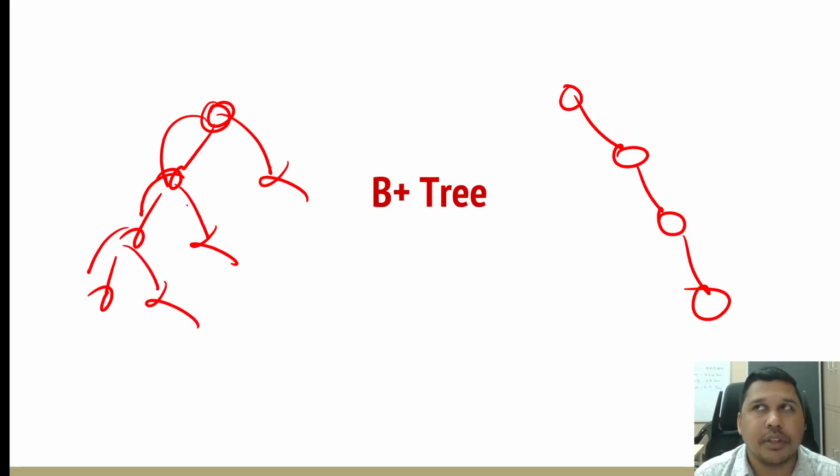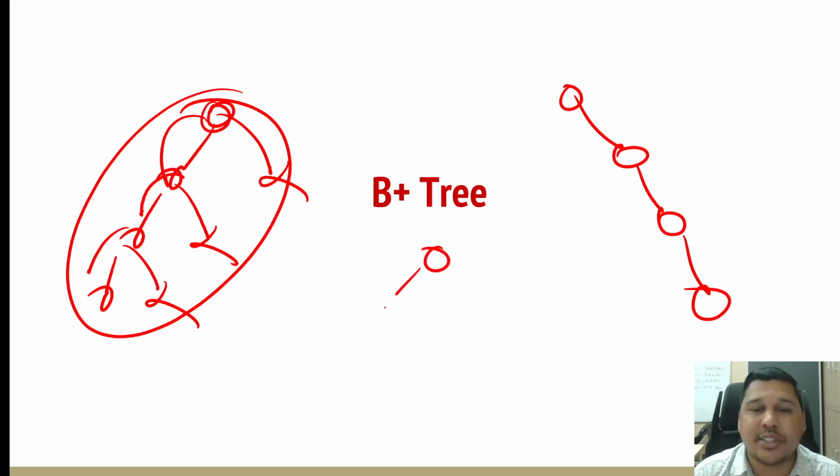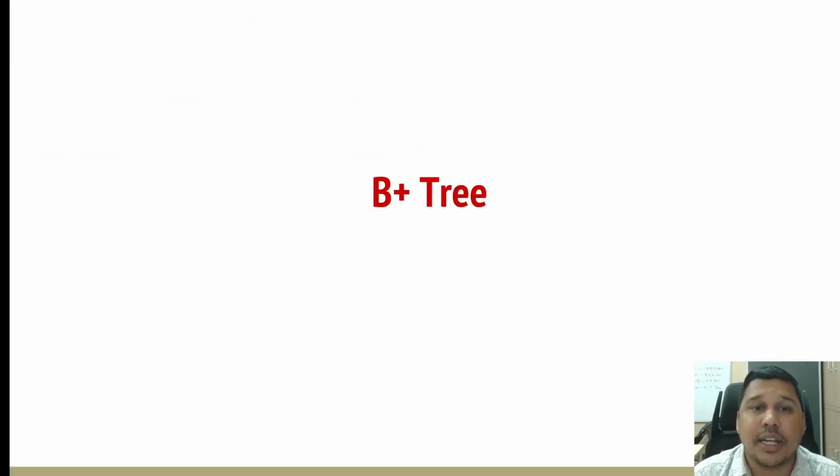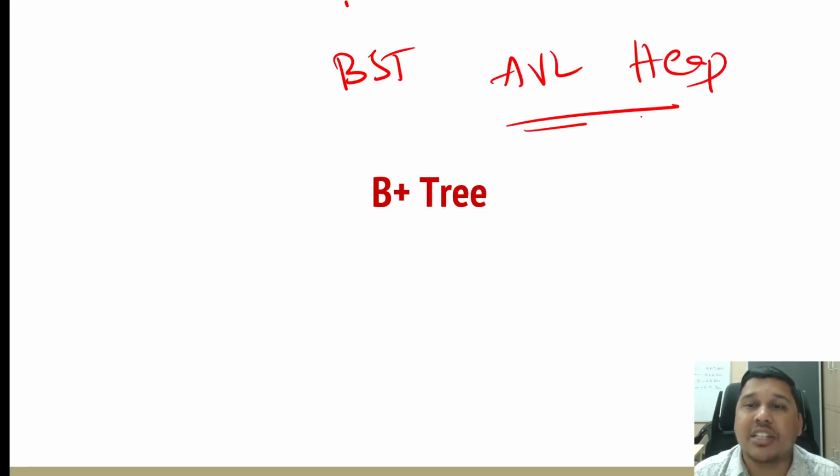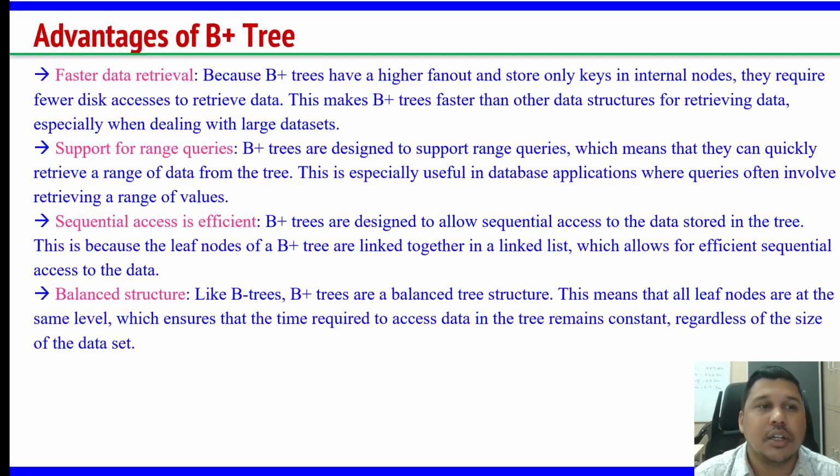It's a problem. If you balance it, it becomes very easy to access the elements. That's why in AVL tree and heap tree, we talk about the balancing factor, right. So that's also one advantage of this B plus tree.